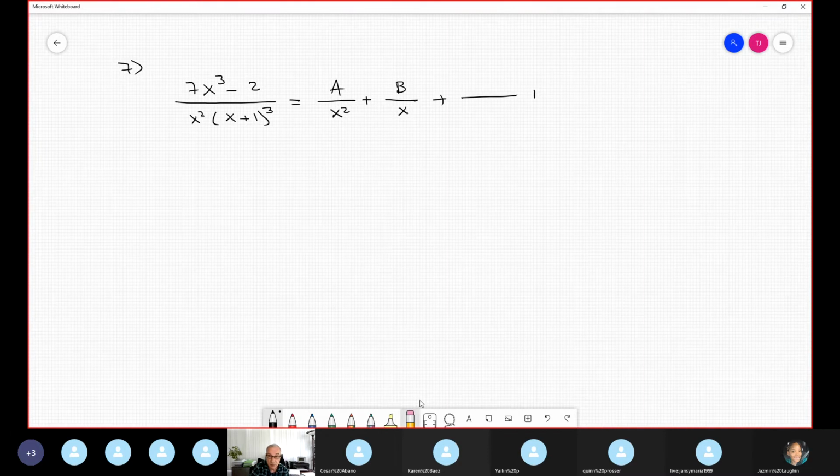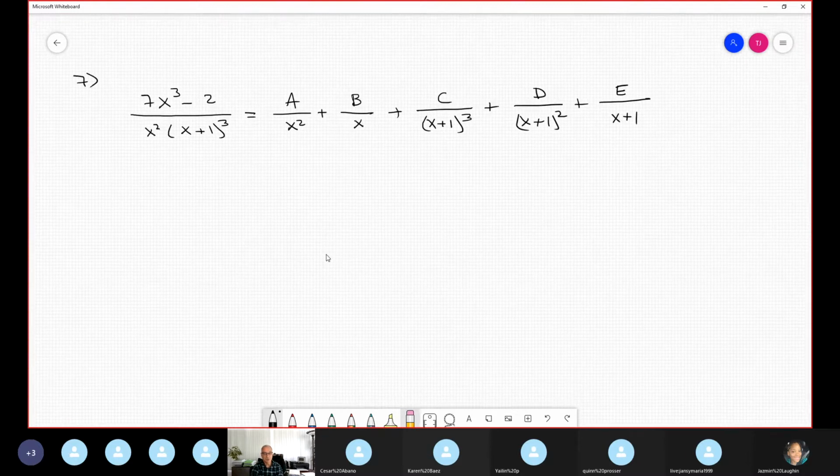Entonces, we have 3 more factors, que es x plus 1 cubed, x plus 1 squared, and x plus 1 to the 1 power, que es invisible. And I put C, D, and E. Okay, this is the typical format for the partial fraction decomposition.